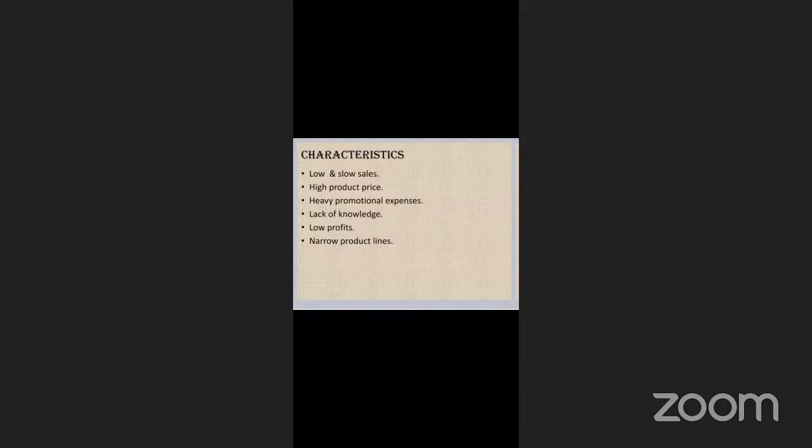There are low and slow sales or no sales sometimes, high product price or low product price. Two methods: one is price skimming and one is price penetration. The product price may be very high or vice versa.